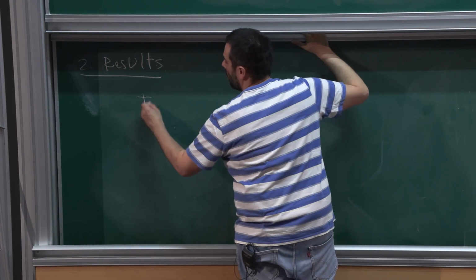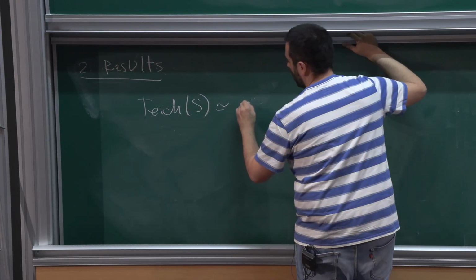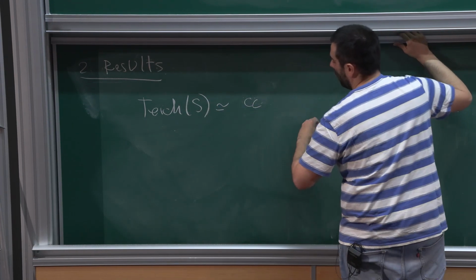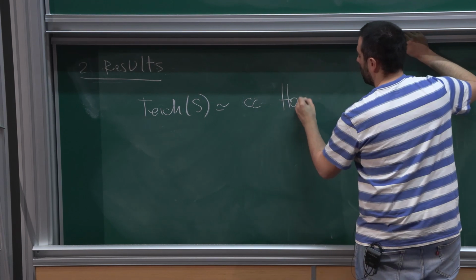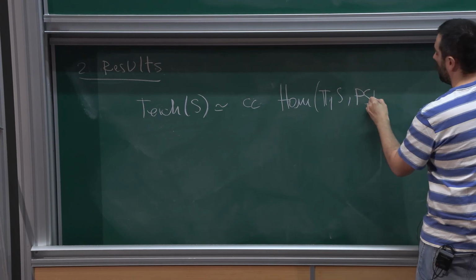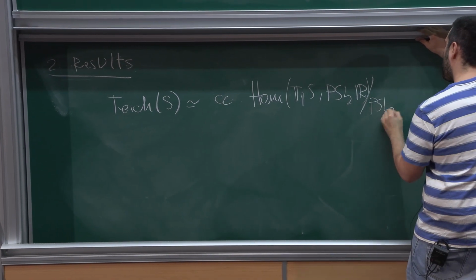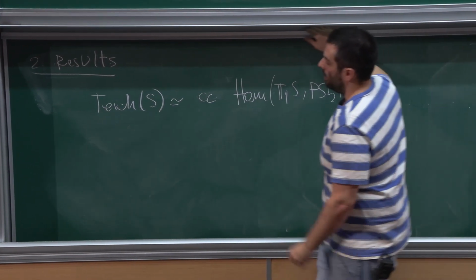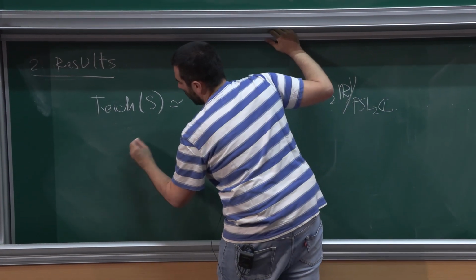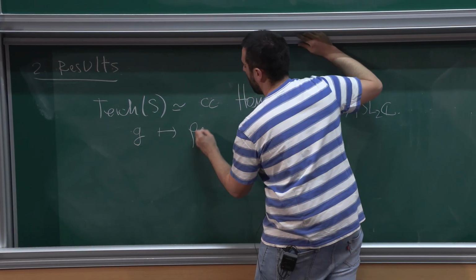So we know that Teichmüller space identifies with a connected component of the space of morphisms of the fundamental group into PSL2R up to conjugacy. This takes some metric into some representation.